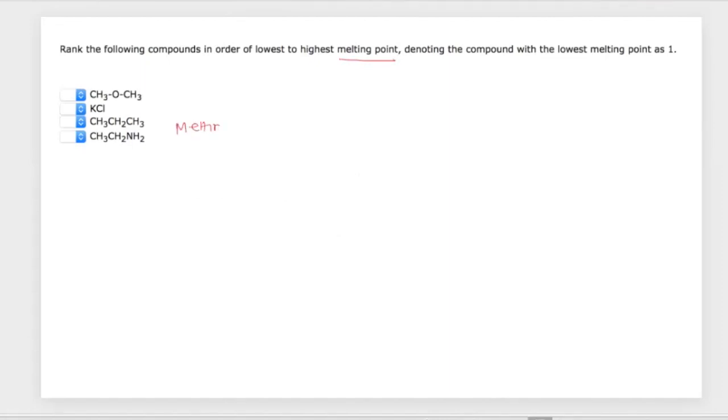So the melting point is when we go from being a solid to a liquid. That means that we're going from something that has a very organized, rigidly packed state to something that is less rigidly packed and a little bit more free flowing. It has a little bit more energy in there. So in order to do this, we have to add energy.